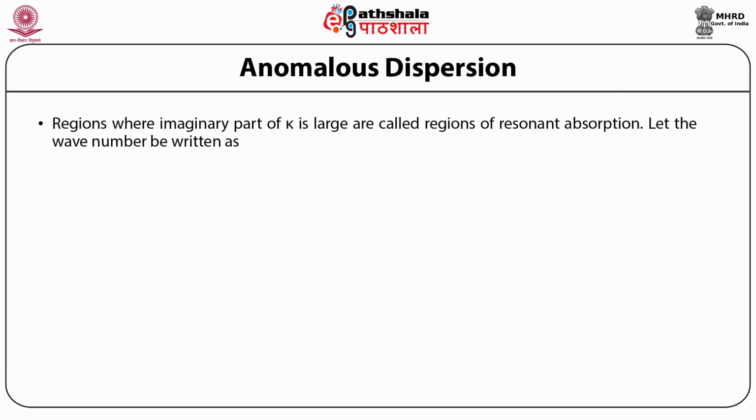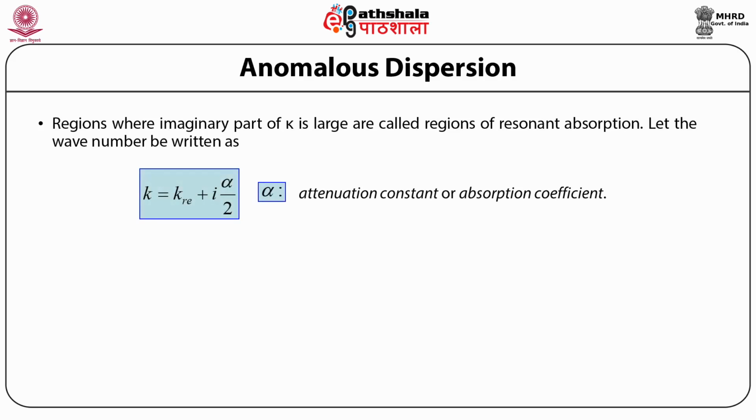Positive imaginary part implies dissipation of energy, that is, transfer of energy from the electromagnetic wave to the medium, usually in the form of heat. The attenuation of a wave is most easily expressed in terms of wave number k.